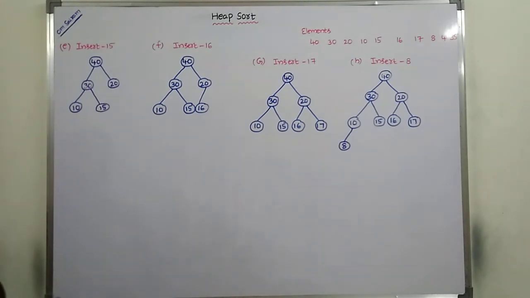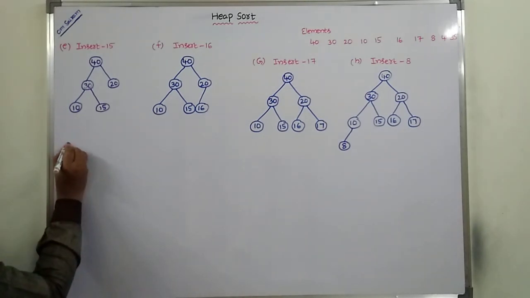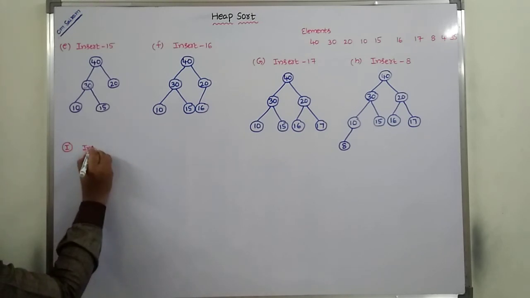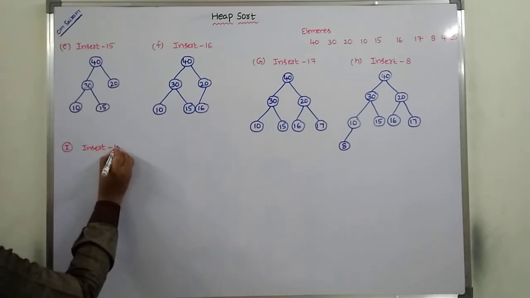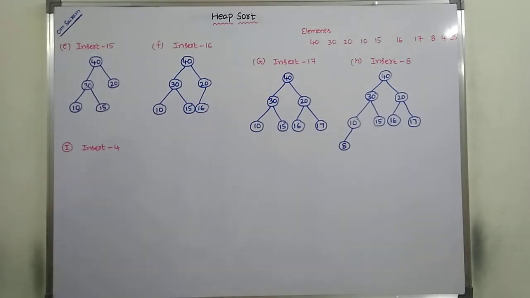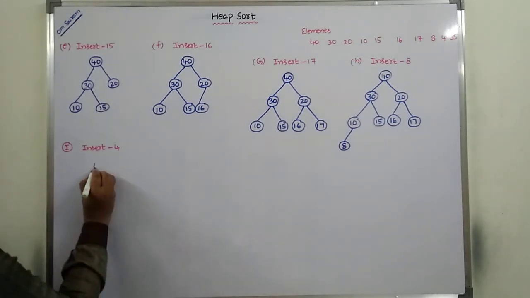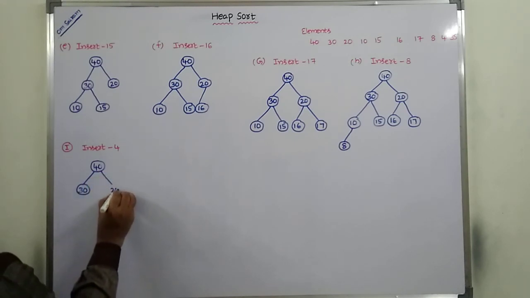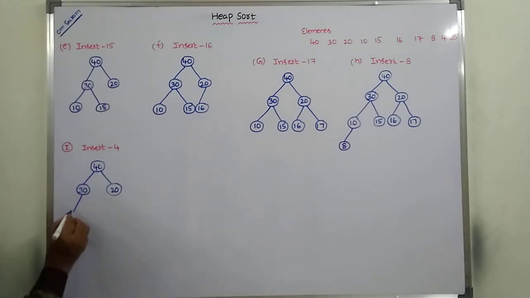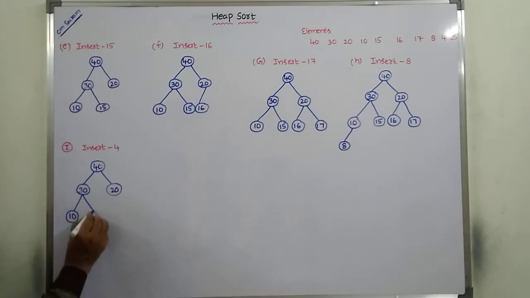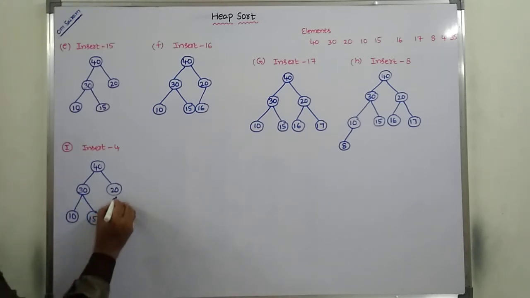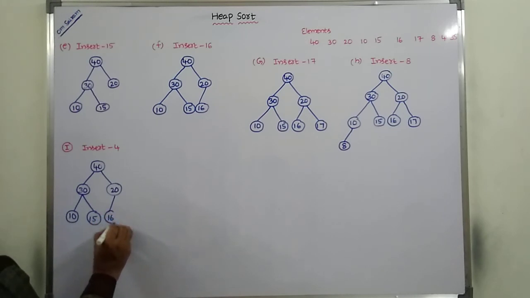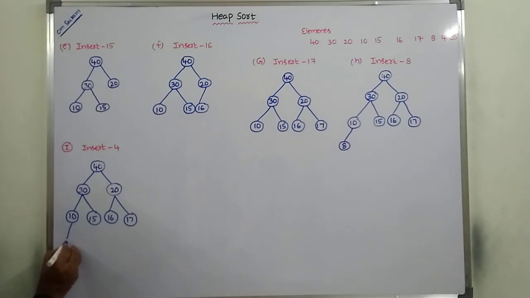Next we have to insert 4. Before inserting 4, the existing maximum heap is: 40 is the root node, its left child is 30 and right child is 20, 30's left child is 10, 30's right child is 15, 20's left child is 16, 20's right child is 17 and 10's left child is 8.